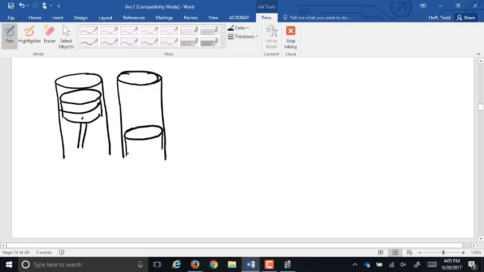Pistons, there we go. Hey, my artwork isn't that horrible, huh? Don't go pat myself on the back quite yet. These are two pistons. This is actually a compression ratio.